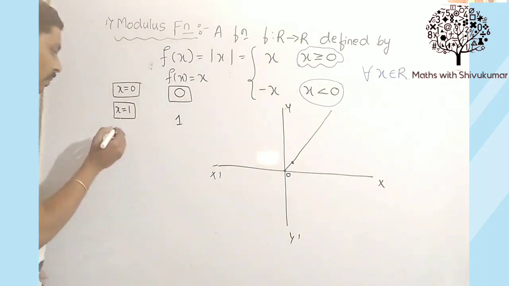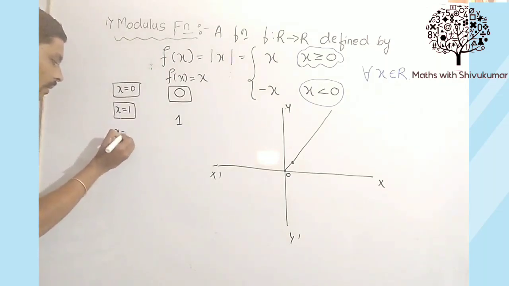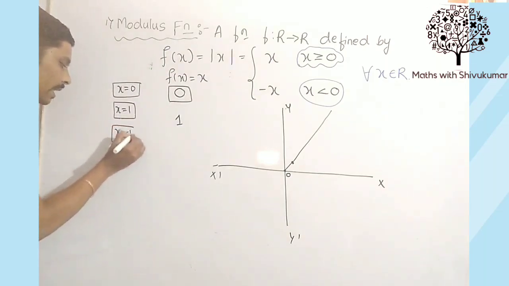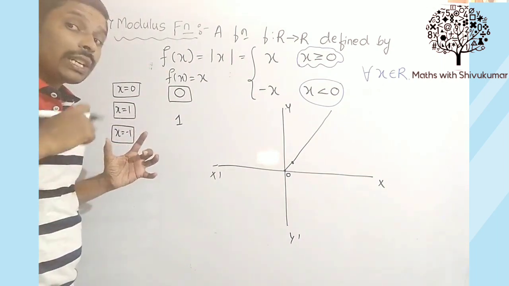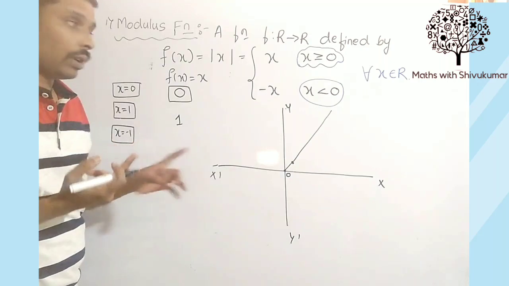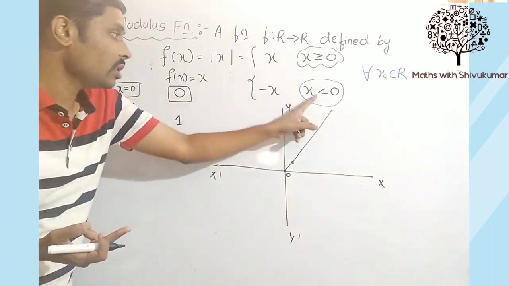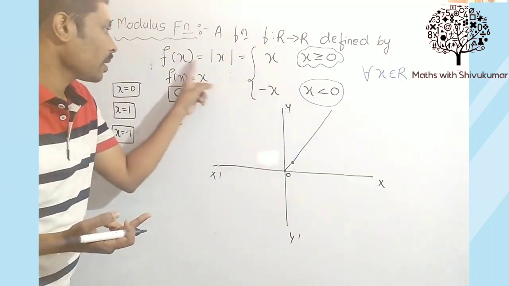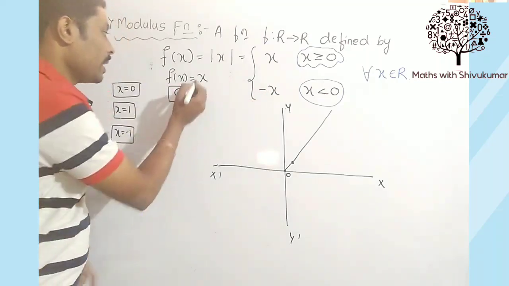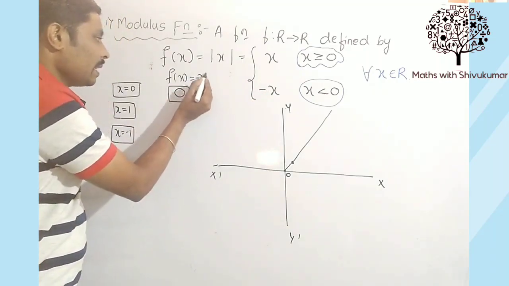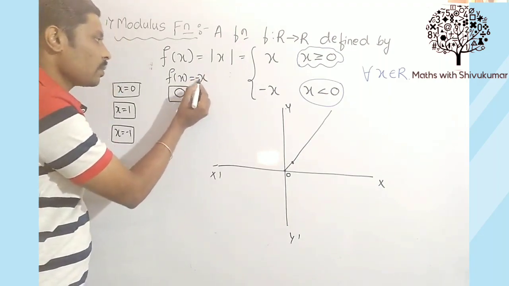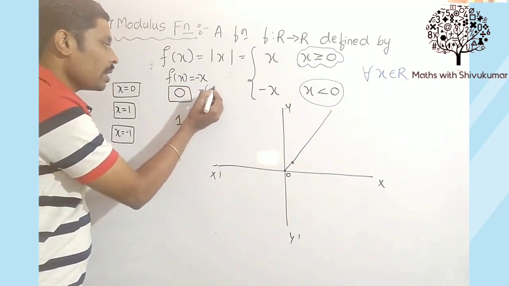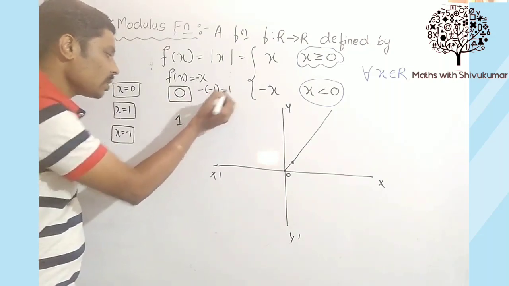Now I will substitute some negative values. If I substitute x is equal to minus 1, minus 1 is less than 0. So what is our branch now? f of x is equal to minus x. So in the place of x, if I substitute minus 1, what will you get? Minus of minus 1 becomes plus 1.